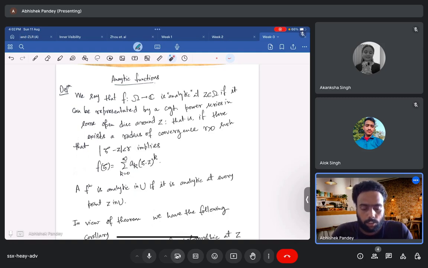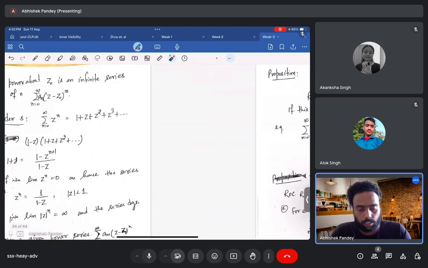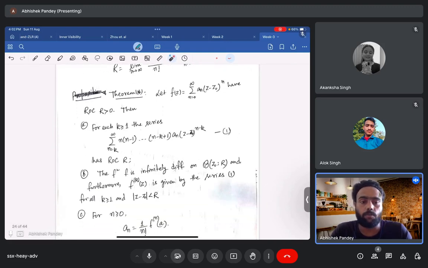Now, once you define an analytic function, you can see by the previous theorem, theorem star, that every analytic function is basically holomorphic, isn't it?